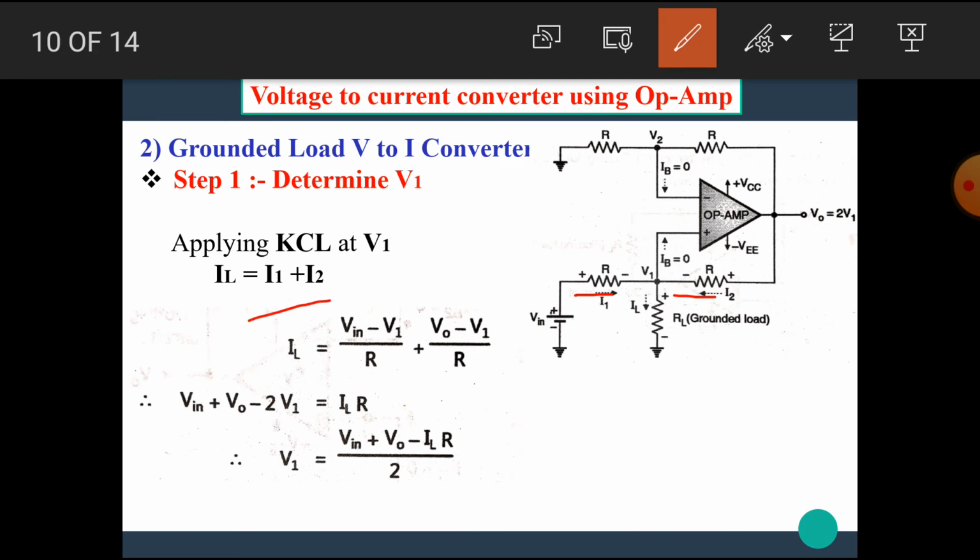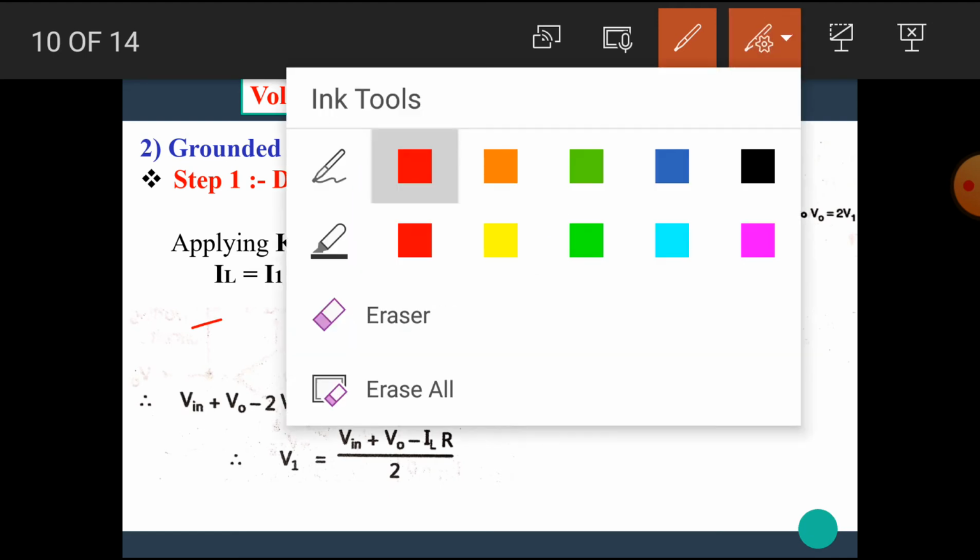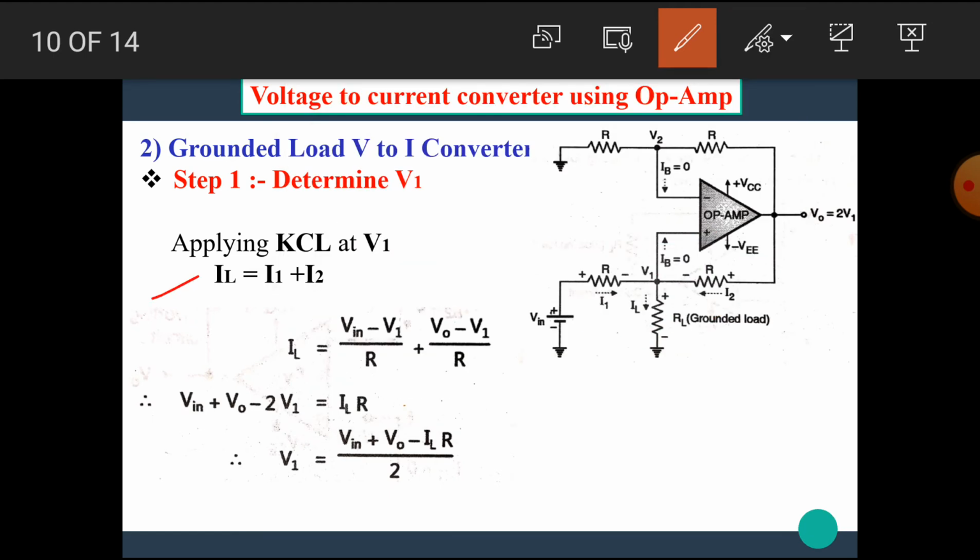Hence, I1 plus I2 is equal to the current leaving the junction, IL. Here IB is also present, but we know that the input impedance of this op-amp is very high, hence no current flows through the input terminals. Therefore, IB has the value 0. Hence, we can directly write that IL is equal to I1 plus I2. I hope you all understand this equation.